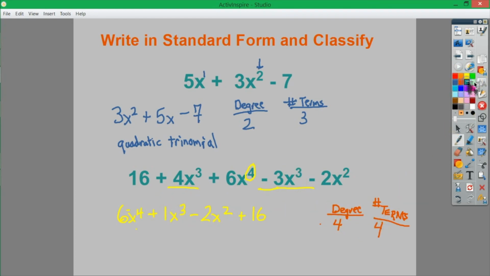So the gigantic name that sort of tags itself onto the end of this behemoth is, we're dealing with a quartic polynomial of 4 terms. So that's naming them and classifying them.